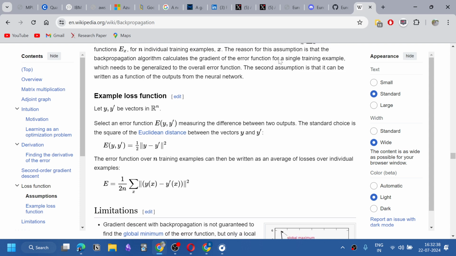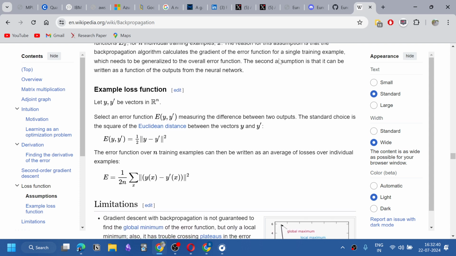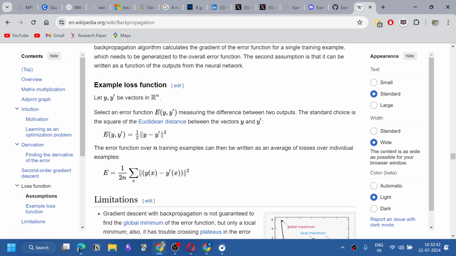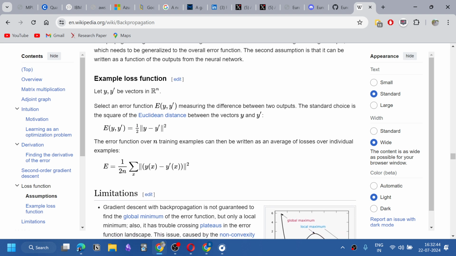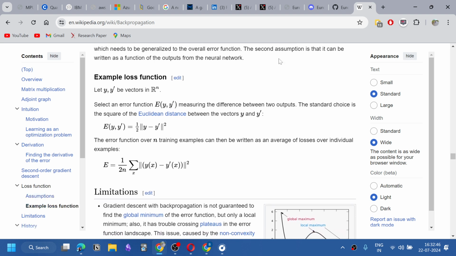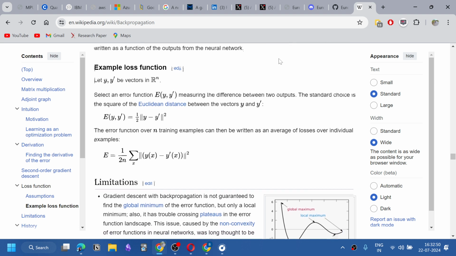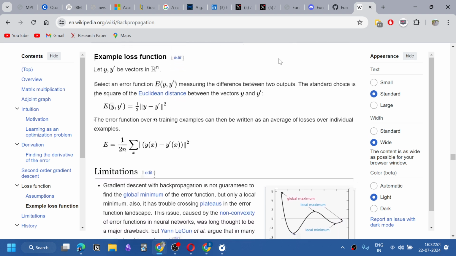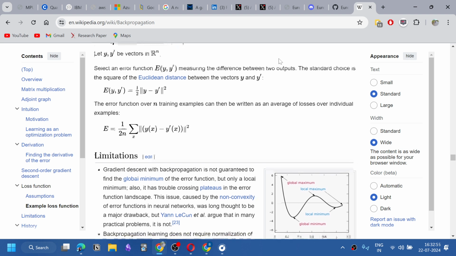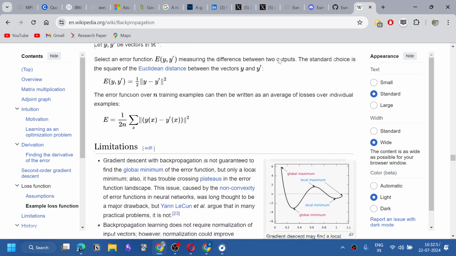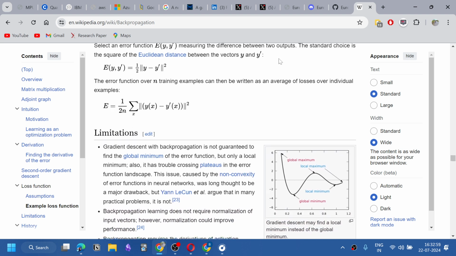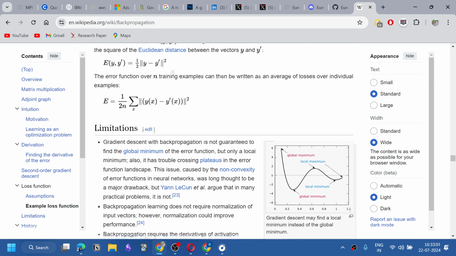The reason for this assumption is that the backpropagation algorithm computes the gradient of the error function for a single training example, which needs to be generalized to the overall error function. The second assumption is that it can be written as a function of the outputs from the neural network. A simple loss function is the squared difference between two outputs.